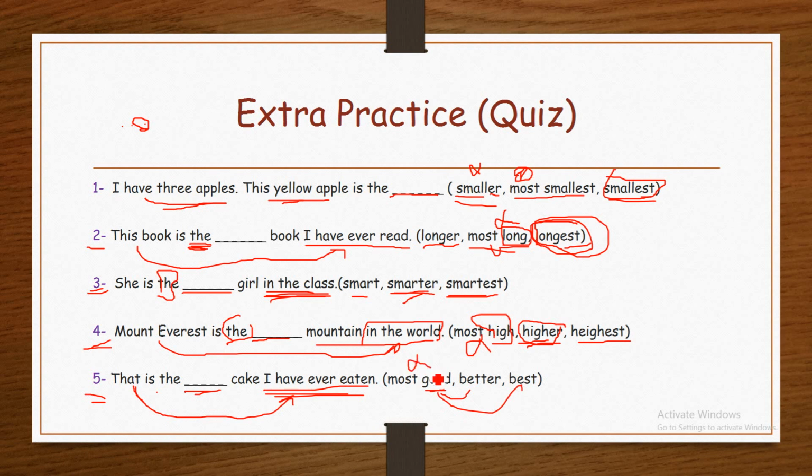It is completely wrong. And here we have the. We don't have than here. We can't use the comparative. Undoubtedly, we use the superlative form of good. That is the best cake I have ever eaten.